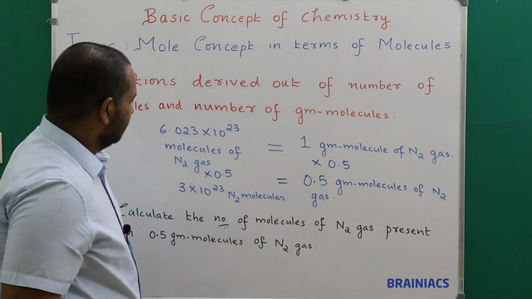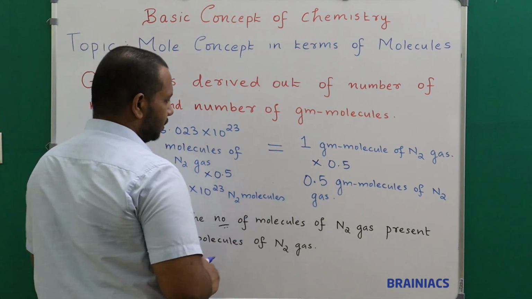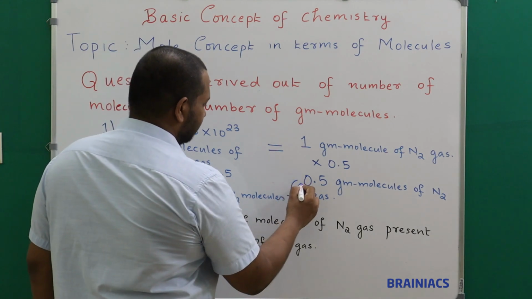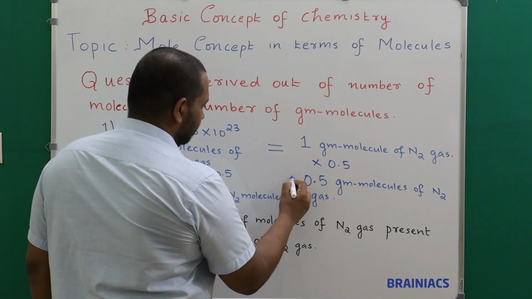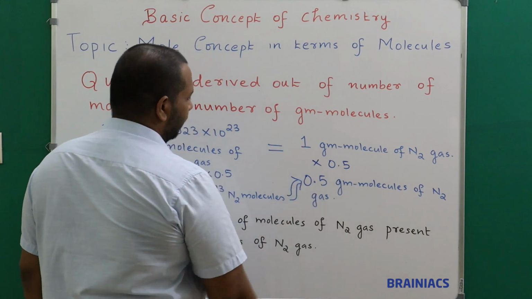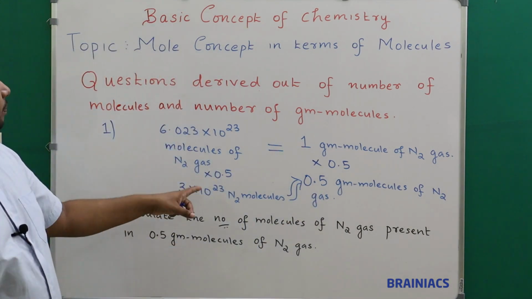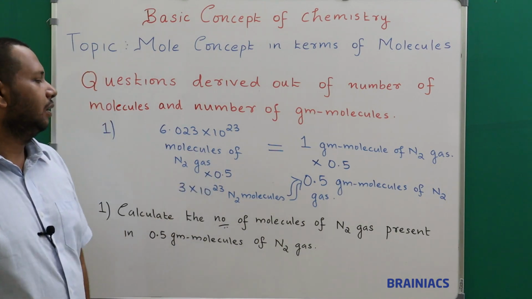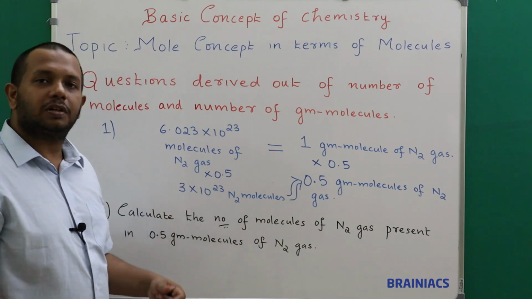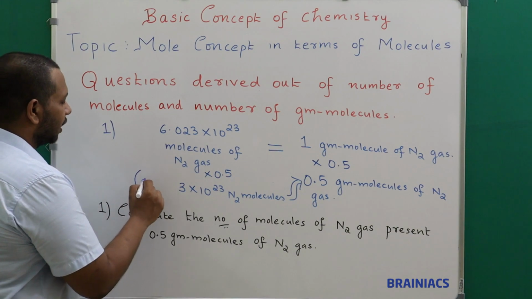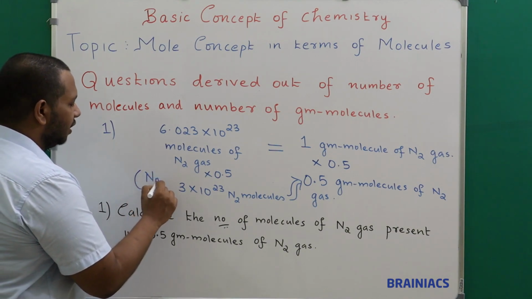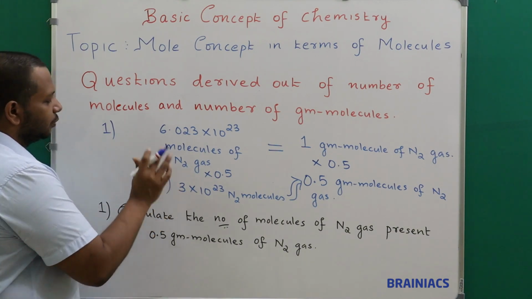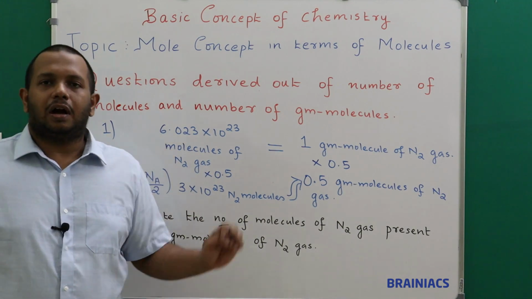So this arrow is not perfect, so I'll put it like this. So 3 into 10 power 23 nitrogen molecules. So the answer is 3 into 10 power 23. Sometimes in the options they will give it like this also: Na by 2. That is also correct. I hope you understood.